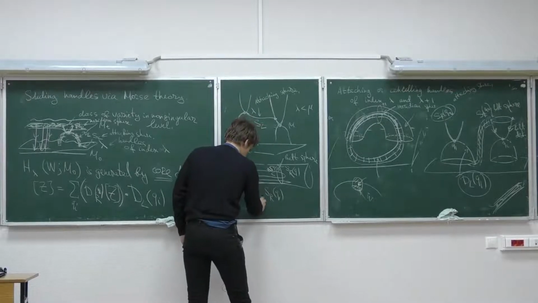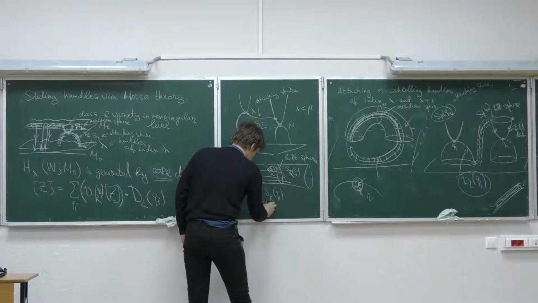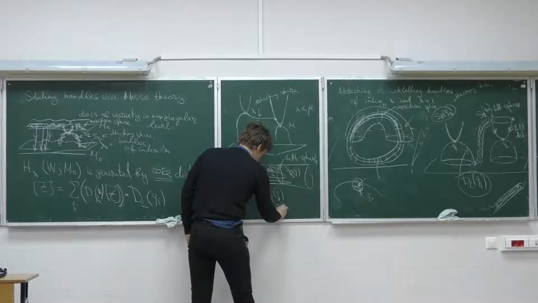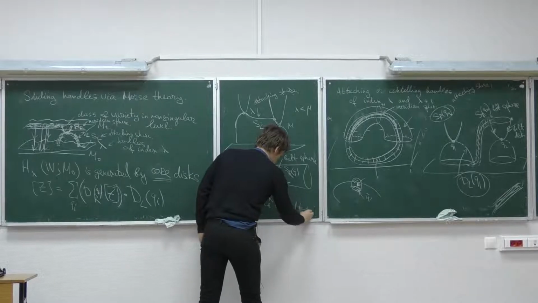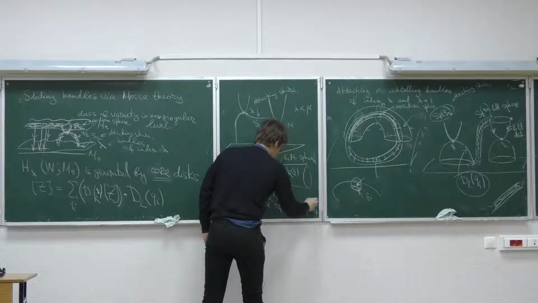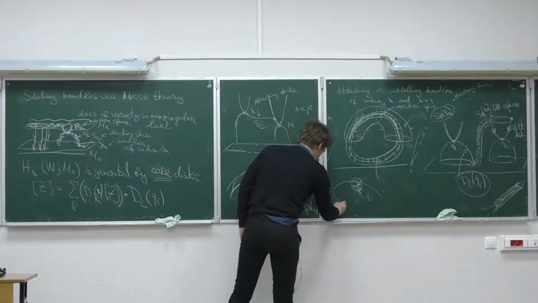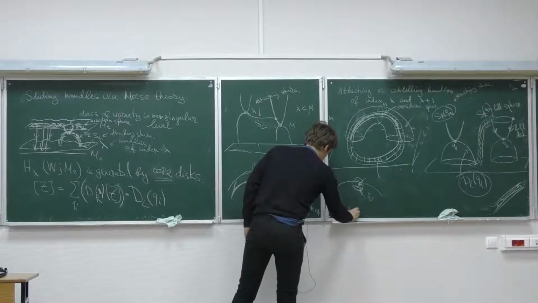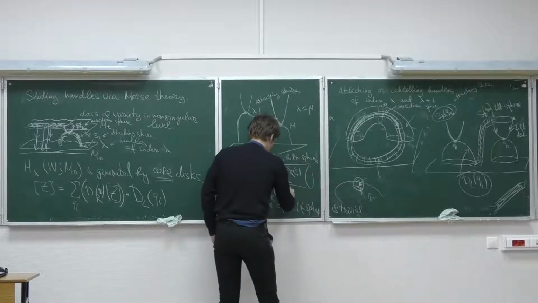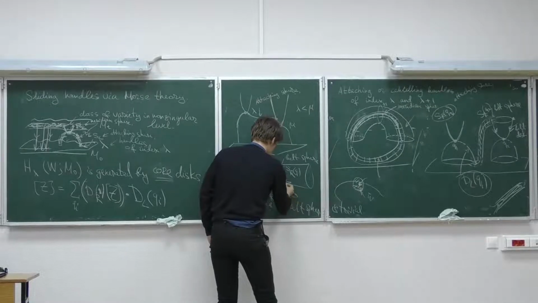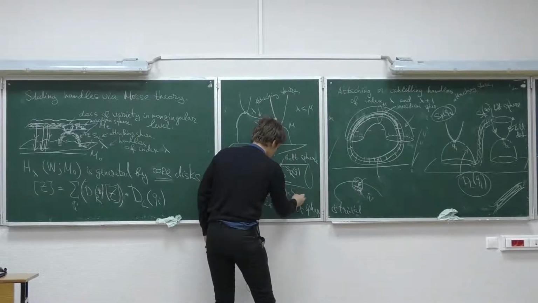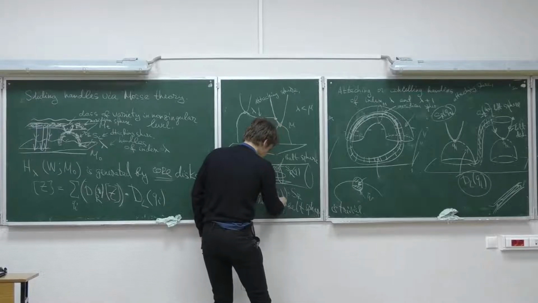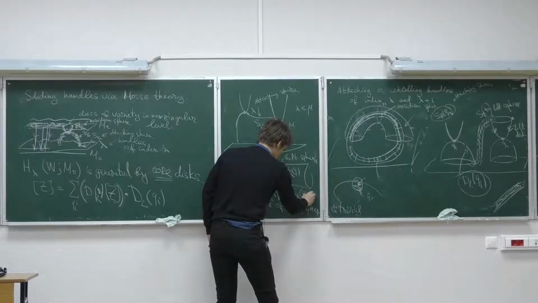the neighborhood of the belt sphere is trivialized. The neighborhood of the belt sphere is trivial, times disk.